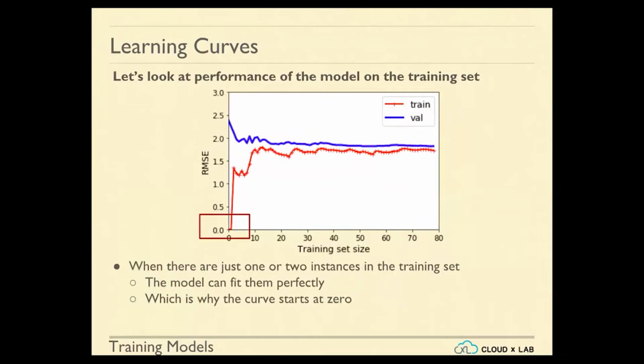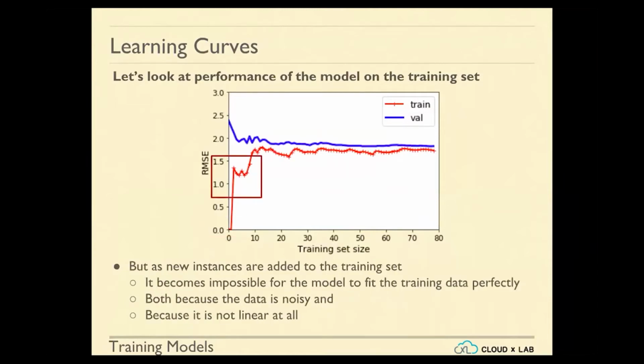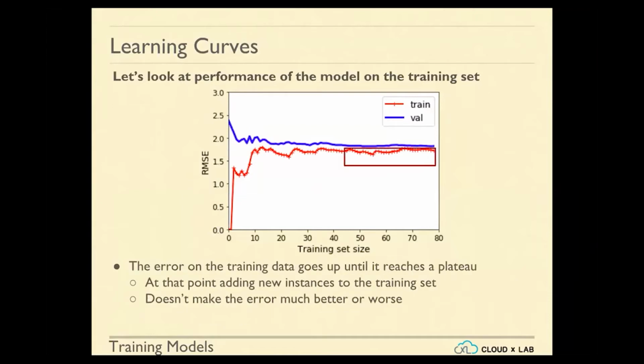But as new instances are added to the training set, it becomes impossible for the model to fit the training data perfectly, both because the data is noisy and because the data is not linear at all, right? And the error on the training set keeps going up until it reaches the plateau.